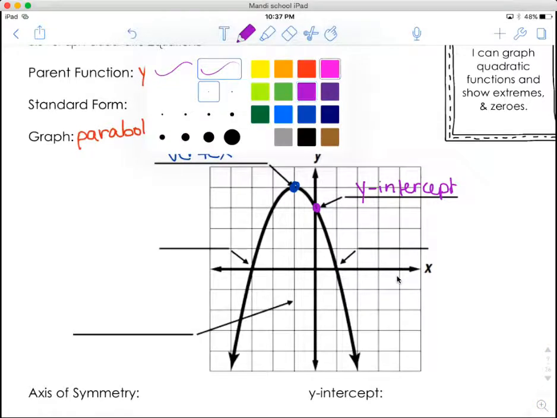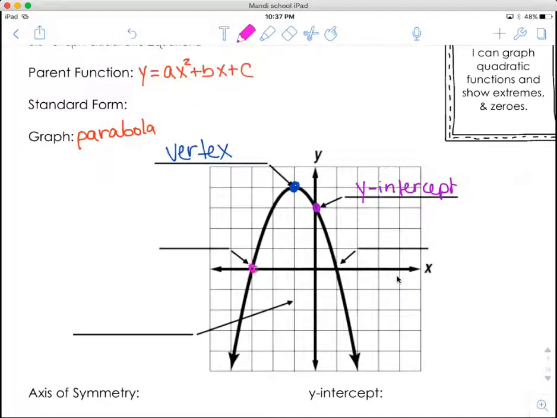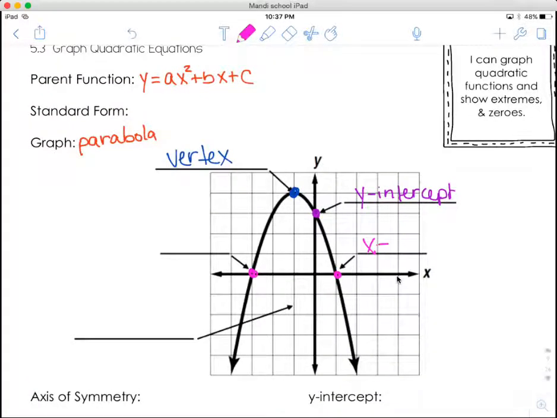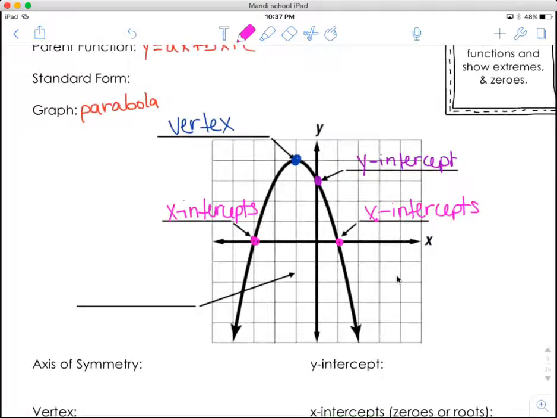Also, when we have the equation of a line, we had x-intercepts. In this case, there are two. Almost always, we have two x-intercepts when we're dealing with a parabola. There are a few cases where we don't have any, and a few cases when you have one, but most of the time we have two.